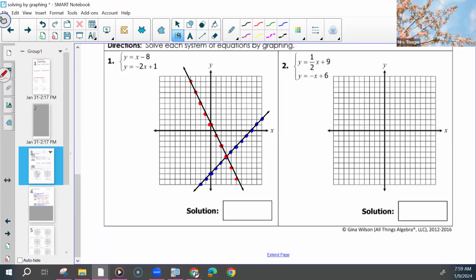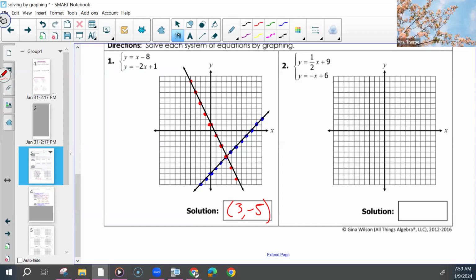Where do those 2 lines cross? Right. (3, -5). And that's it. So graph it, find where they cross, that is your solution point.